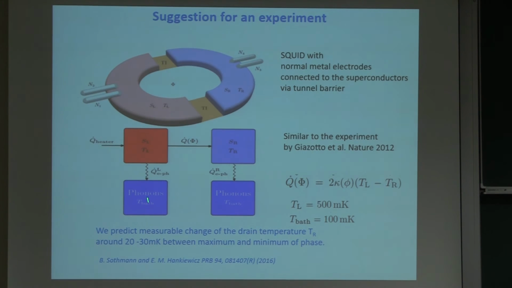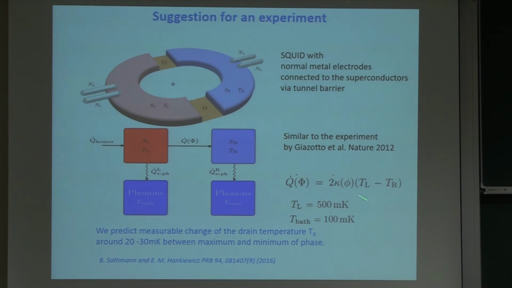But if one takes the usual processes, then one can calculate the change of the heat as a function of magnetic flux, which gives me immediately the phase relation in my conductance. And this is proportional, the pumped charge between these two contacts, to the difference of the temperature on the left and right.